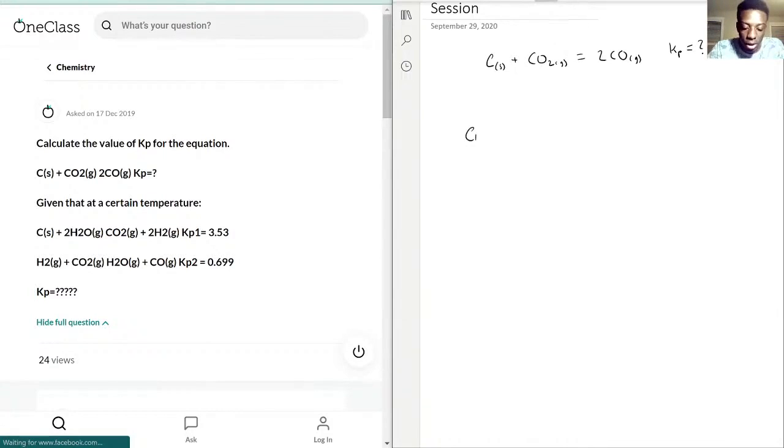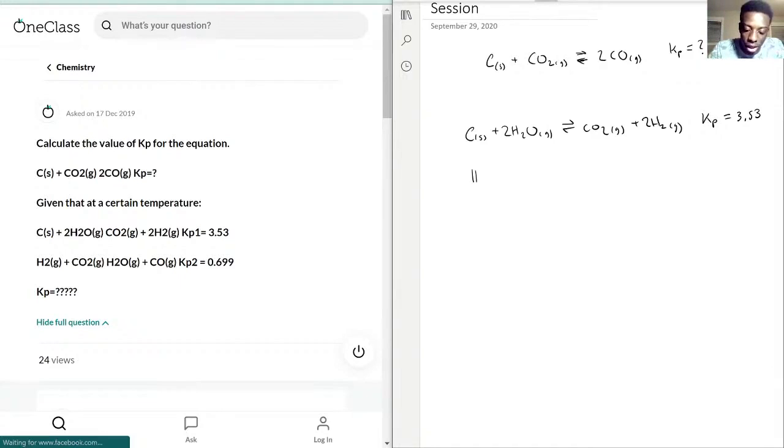They give us carbon plus 2H2O turns into, well, just use that formula because there is a K value. CO2 gas plus 2H2 gas, and the Kp for this one is 3.53, so that definitely favors product being produced.